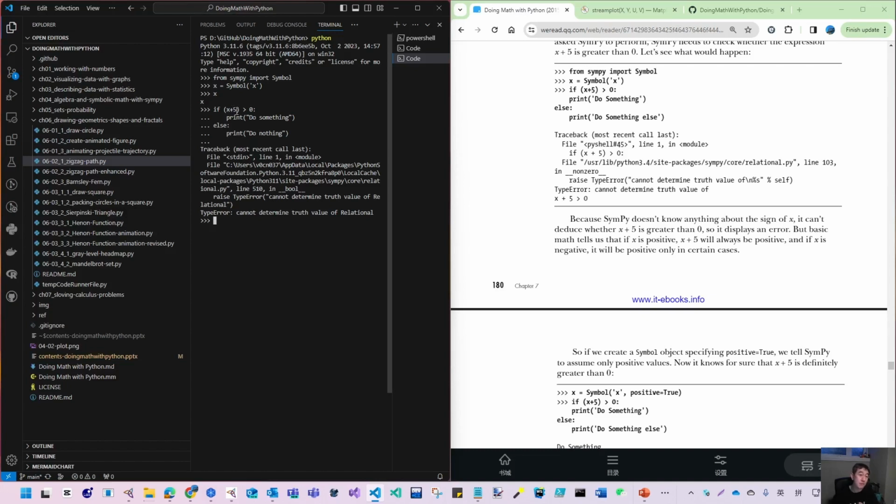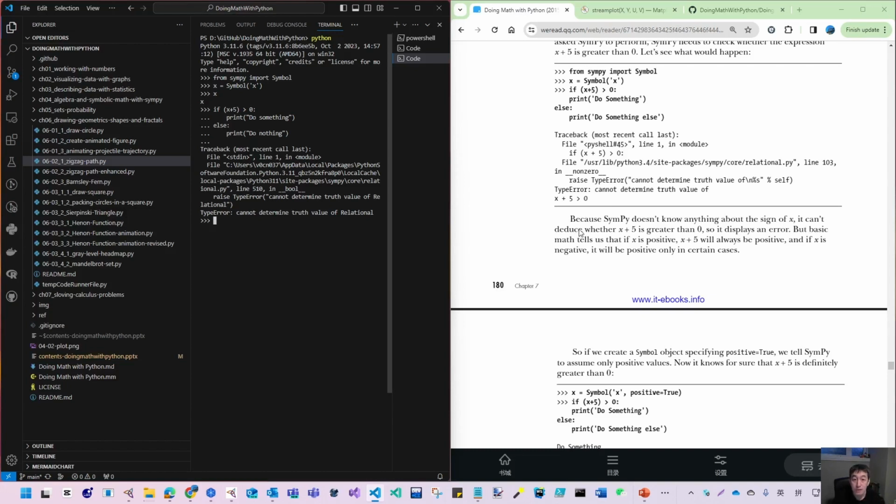But if x is positive, it will be larger than 0. So that will be true, and the earlier will be false. If a Boolean cannot determine the exact value, then it will pop up this error, because we are using the symbol.